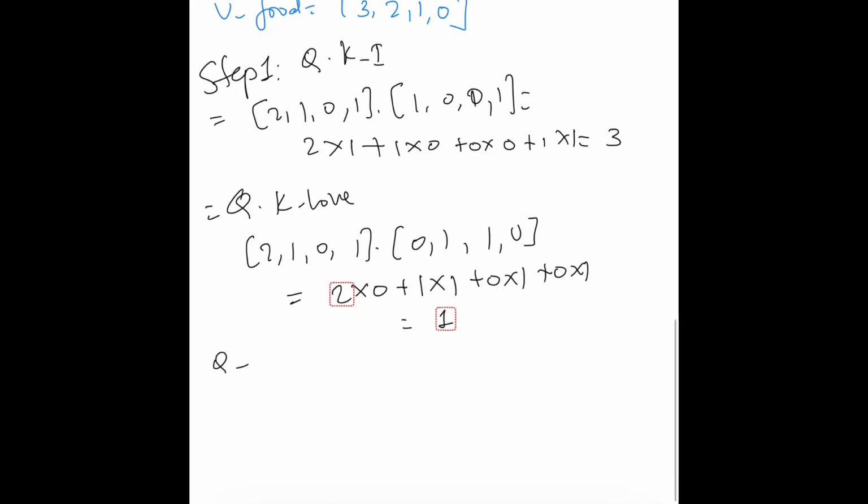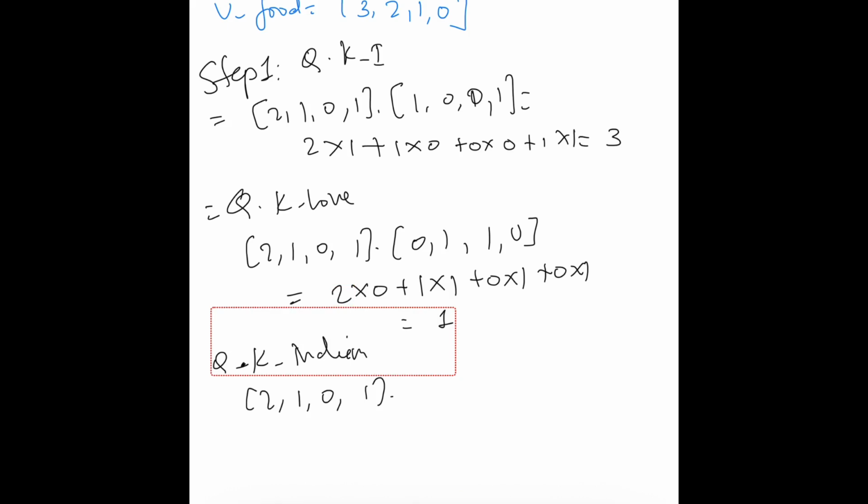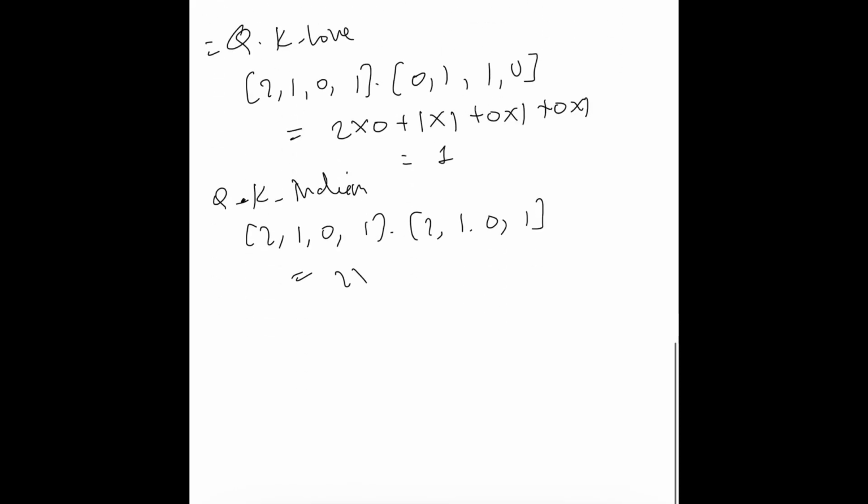Do this again for Q times K_Indian with itself. 2101 dot product 2101, right? And this will come out to be 2 into 2 plus 1 into 1 plus 1 into 1. That comes out to 6.